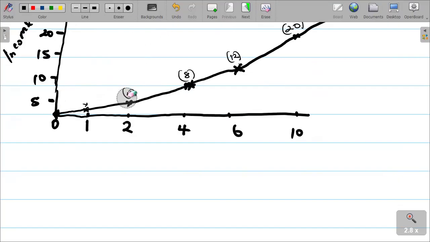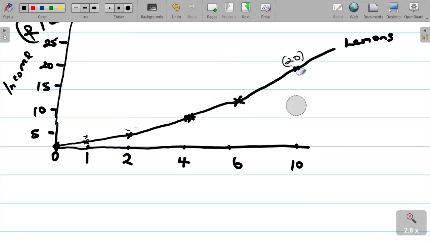Okay. I'm just going to put these figures below in order not to disturb our graph here.